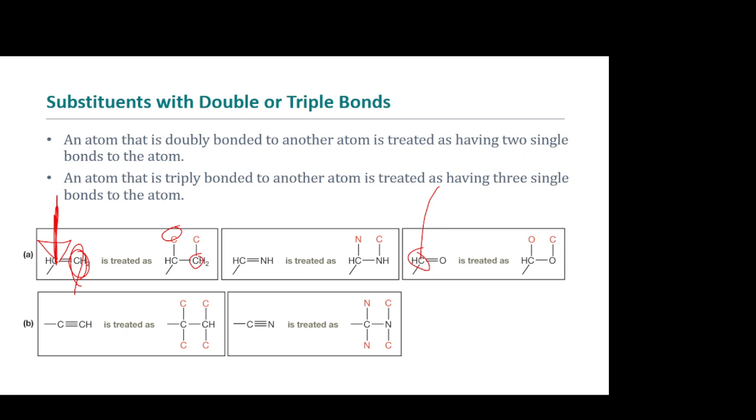So the highest priority group that would be attached to that would be the oxygen, right? So we'd count an oxygen. What would be the next highest priority group? Another oxygen because it has a double bond, right? And then we would start counting the hydrogen. Okay? Is that making a bit more sense?